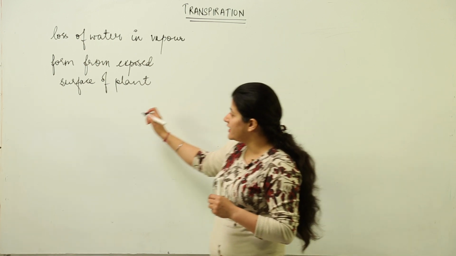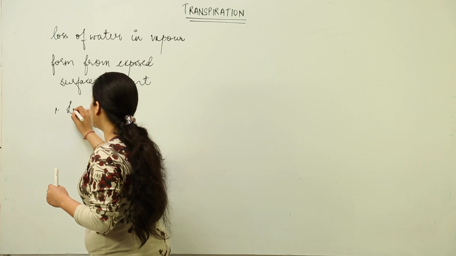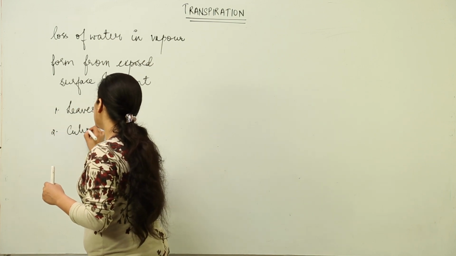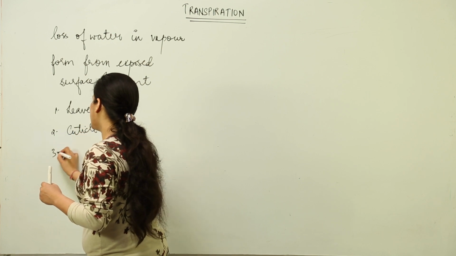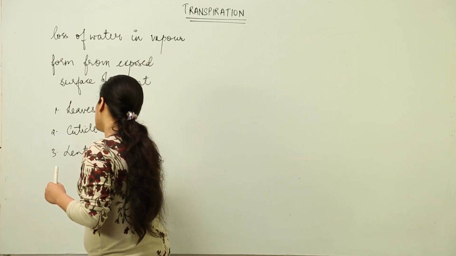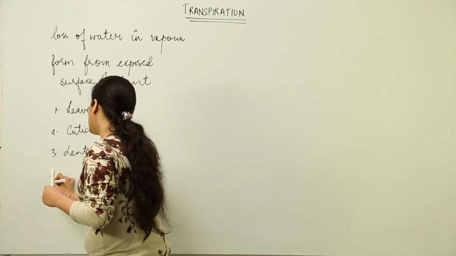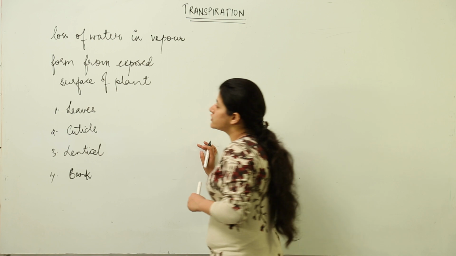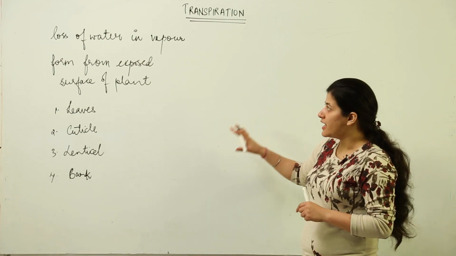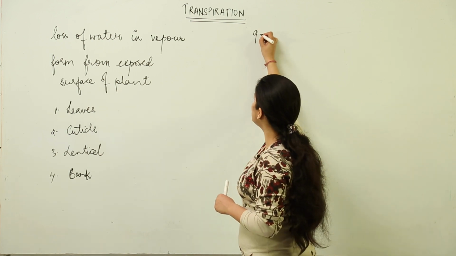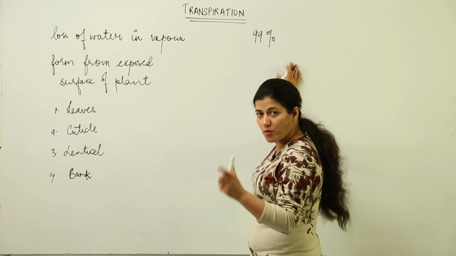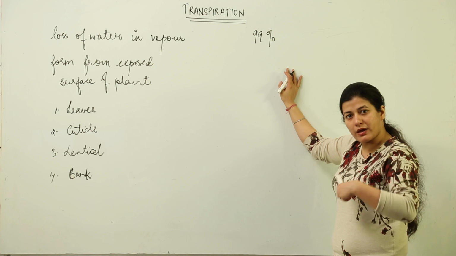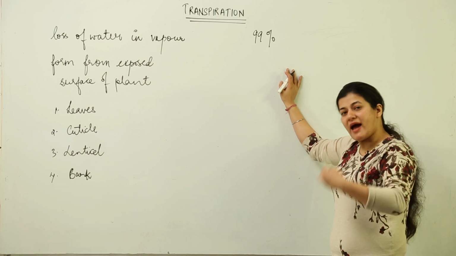So, we have the leaves, the cuticle and lenticels, and a little bit of bark of the tree that plays an important role in the loss of water from the plant. As much as 99% of absorbed water from the roots is given out in the form of water vapors back to the atmosphere.